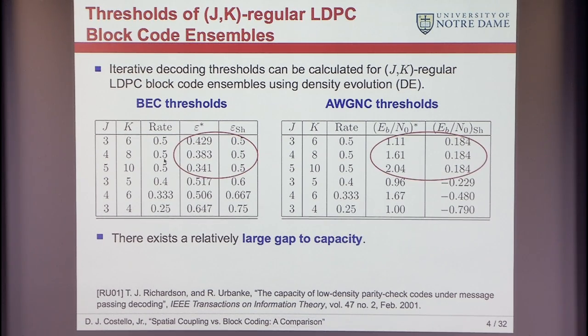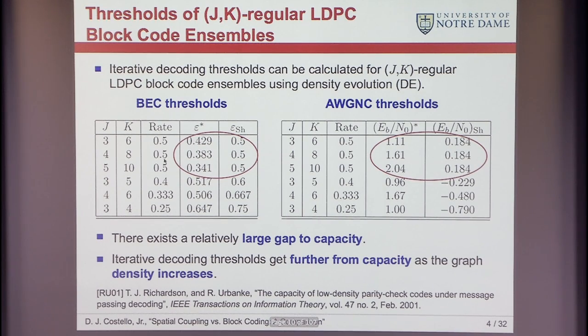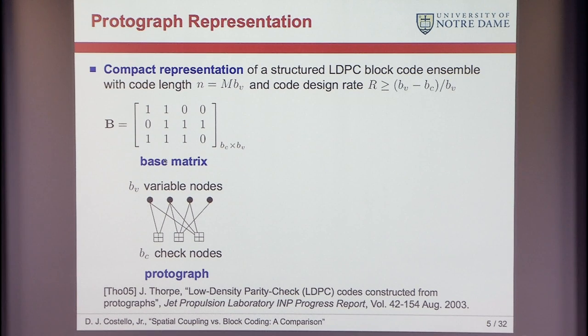A couple of things to notice with (J,K) regular ensembles is that there's a significant gap to capacity, whether you look at the BEC or the additive white Gaussian noise channel, and also that as you increase the density, which you'd like to do in principle if you want to get more distance, you're going to get worse compared to capacity in both cases. So that's just something that we have to deal with for (J,K) regular block codes.